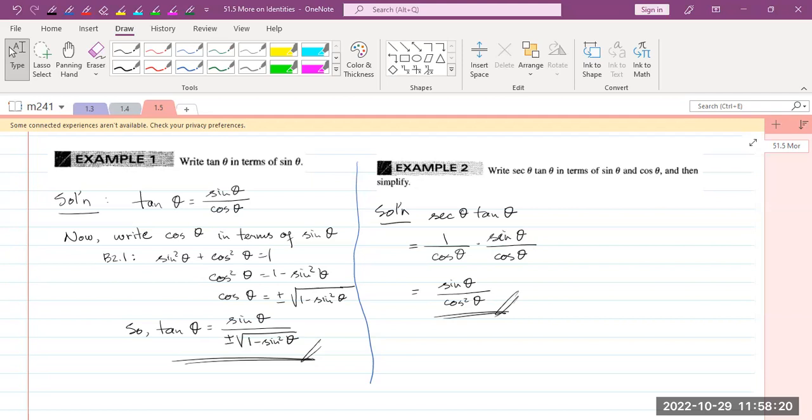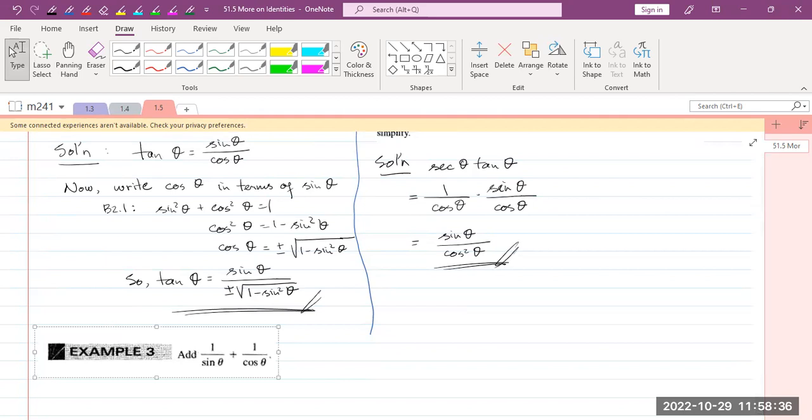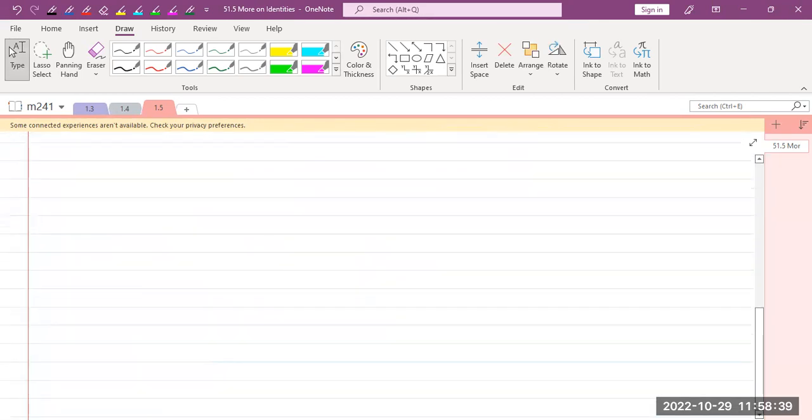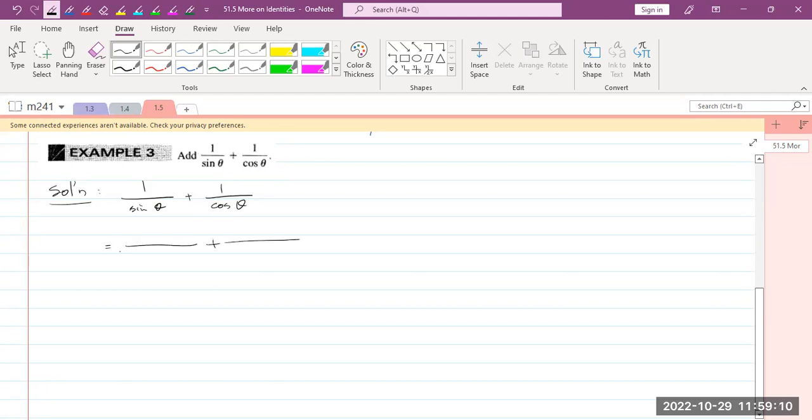Example 3. Add 1 over sine theta plus 1 over cosine theta. Solution. Now to add two fractions, we need an LCD, right? So the LCD is sine theta cosine theta.